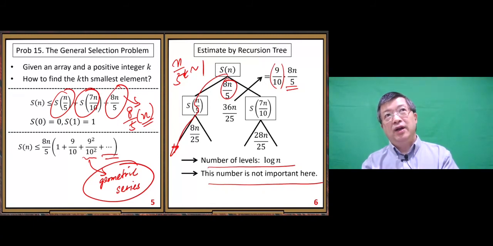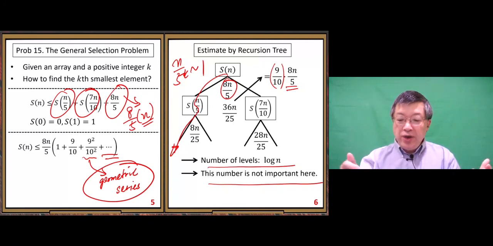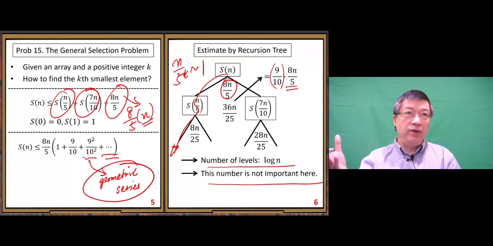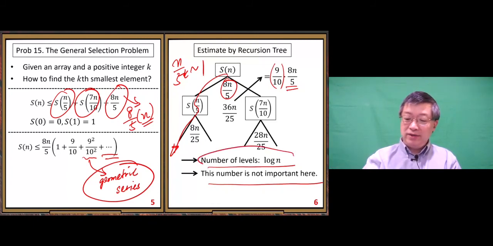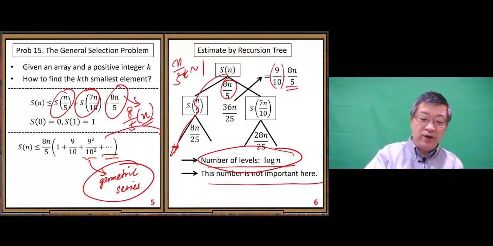We are very generous. We know the number of levels cannot be infinity, but we can handle even an infinite number of terms easily. So that's why we don't worry about the number of levels. It is not important anymore in this formula.